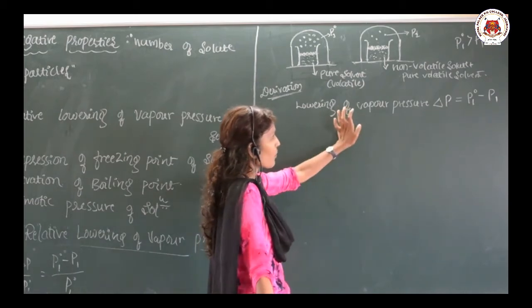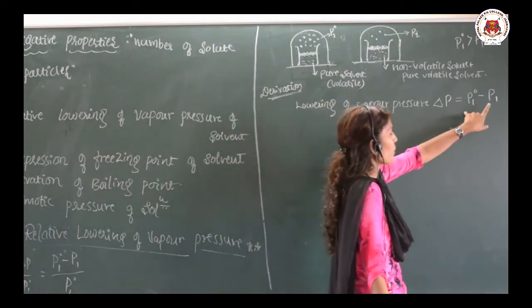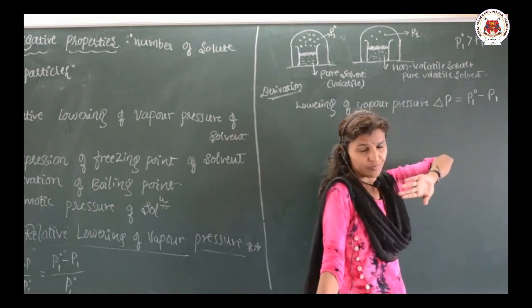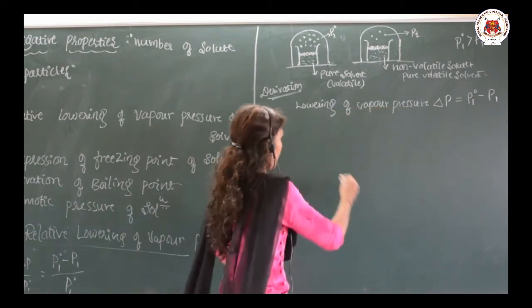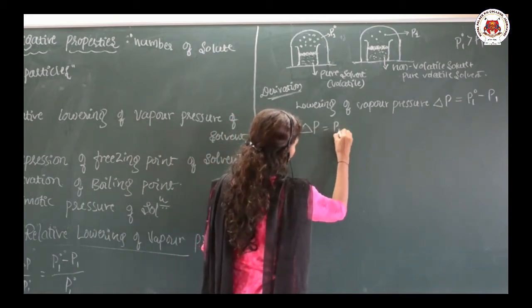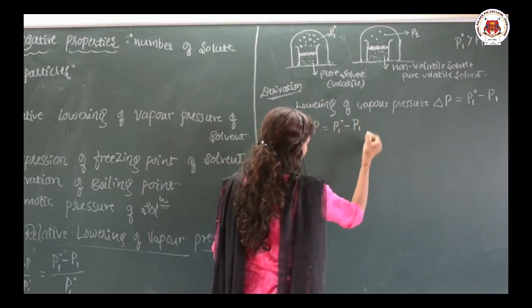So, the lowering of the vapor pressure is the difference in the vapor pressure of the pure solvent and that of the solution.